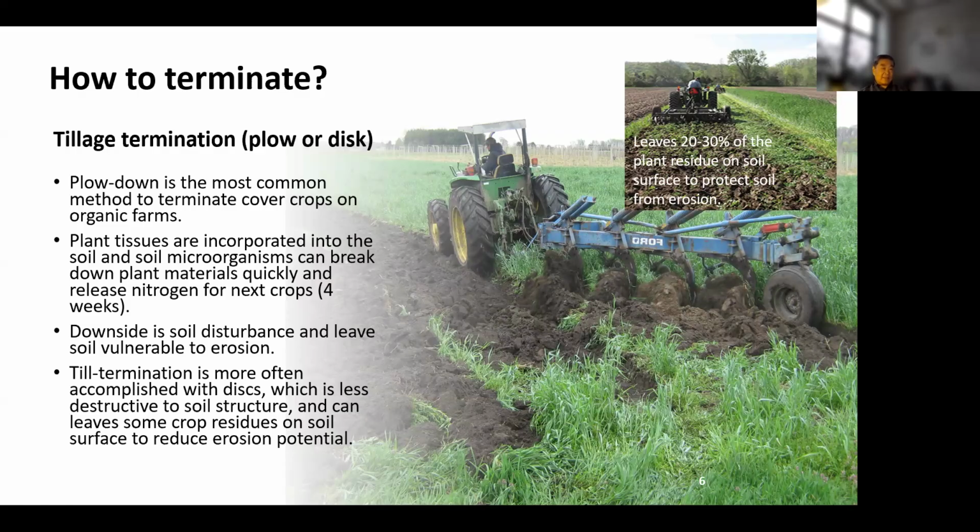It can also leave some crop residue on the soil surface to reduce erosion. If you do have erosion issues, you could use this method and leave 20 to 30% of plant residues on the soil surface to protect the soil from erosion. It depends on how intensively you use this. You could control the percentage of the plant residue on the soil surface.